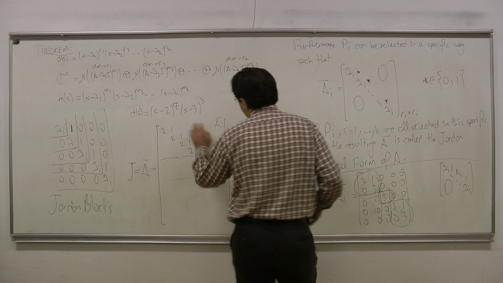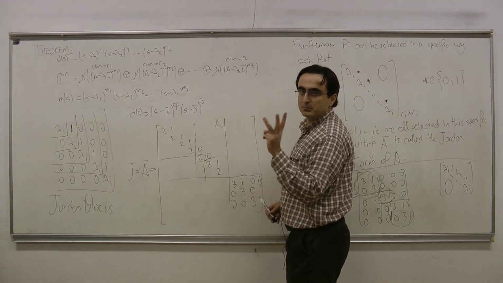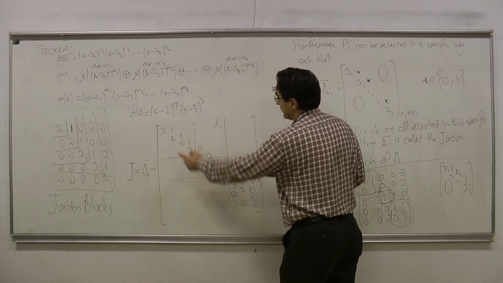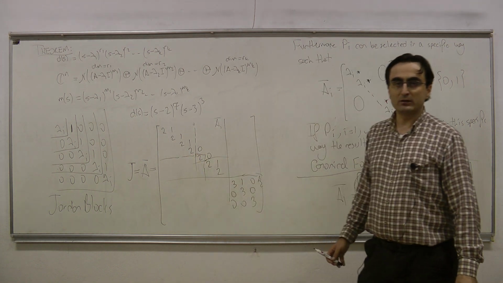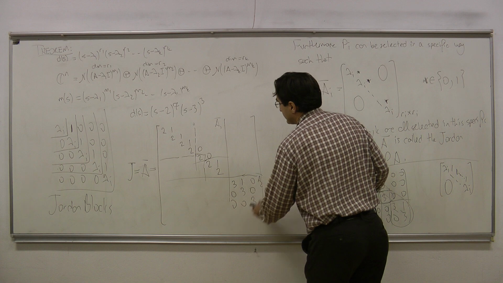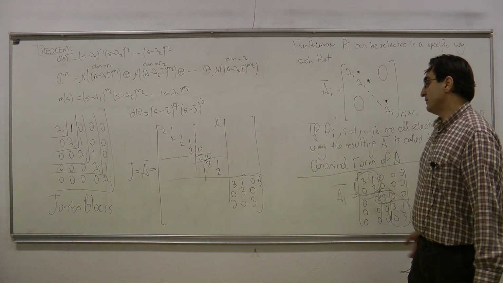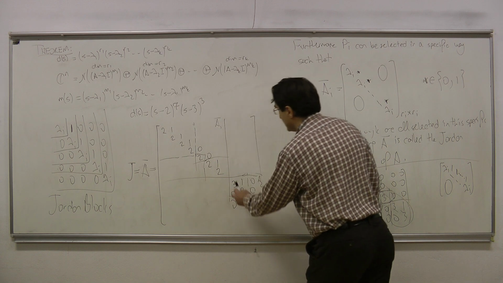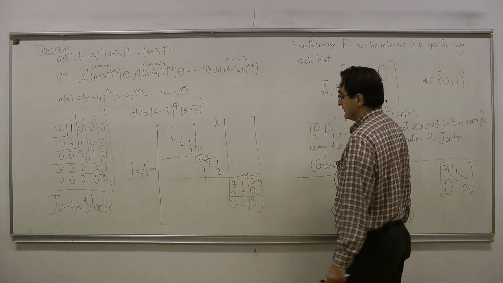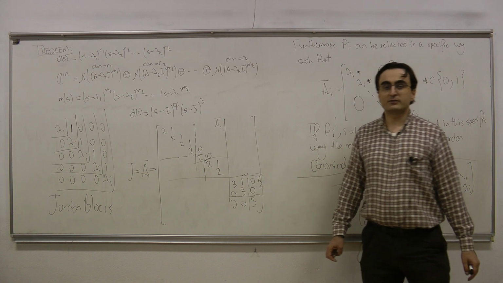So this A1 bar is composed of now 3 Jordan blocks. One is 4x4, and the other one is 2x2, and the third one is 1x1. Okay? And what about this A2 bar? In this case, it's composed of 2 Jordan blocks. One is 2x2 size, and the other one is 1x1 size.